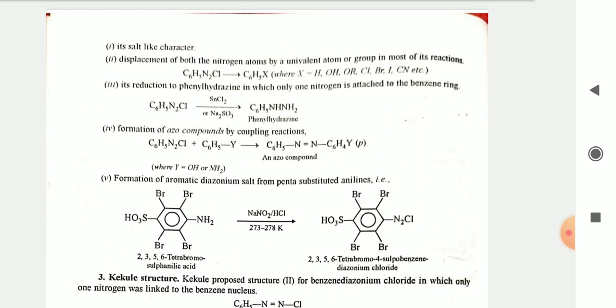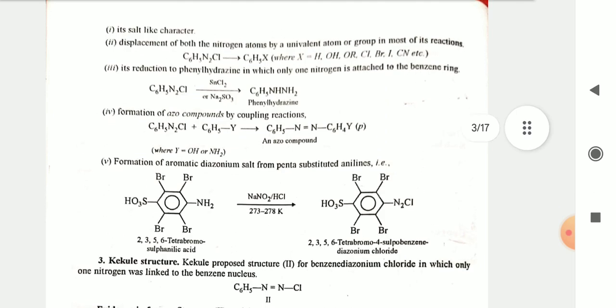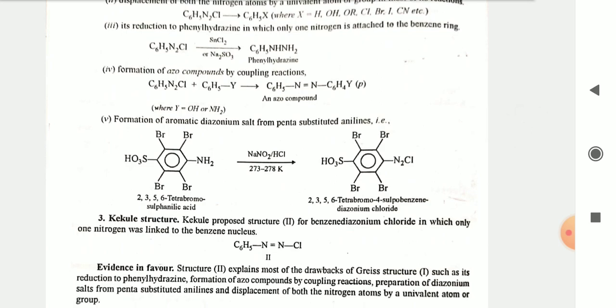Third, Kekulé structure. Kekulé proposed structure second for benzene diazonium chloride, in which only one nitrogen was linked to the benzene nucleus. C6H5-N=N-Cl. Evidence in favor.